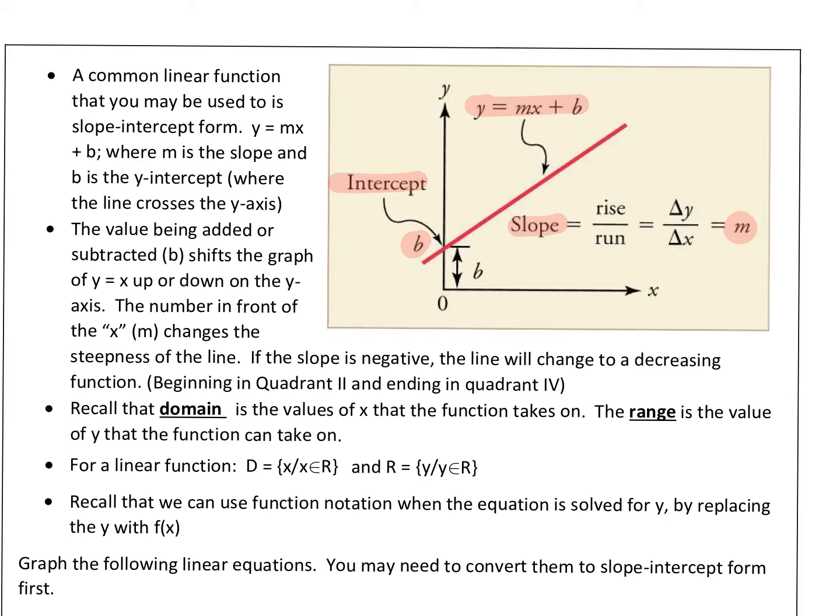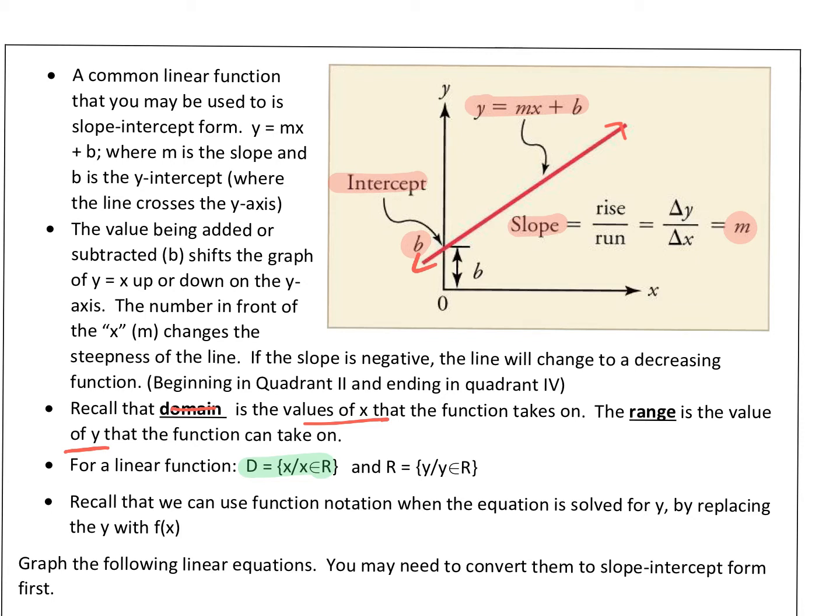Okay, so remember that we have domain and range. Domain is all of the x values, range is all of the y values. So for any linear function, an oblique line, the domain is all real numbers, because this line would have arrows on either end, so it continues in both directions in the x direction forever.